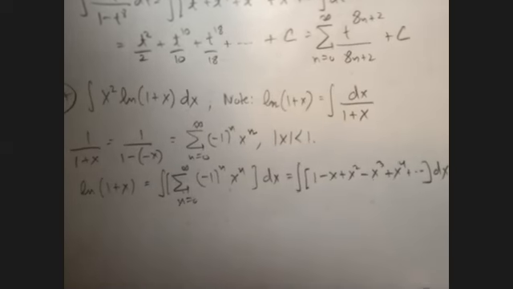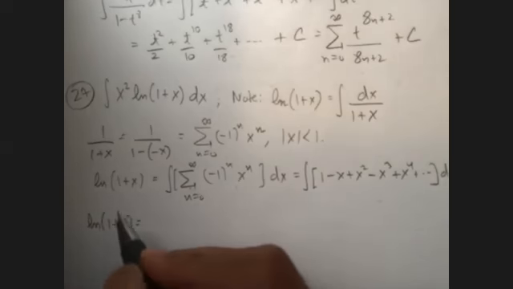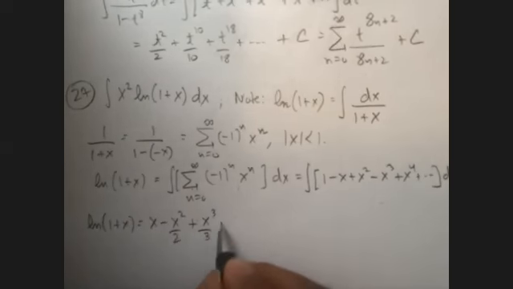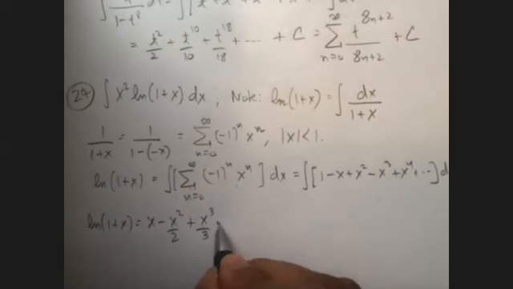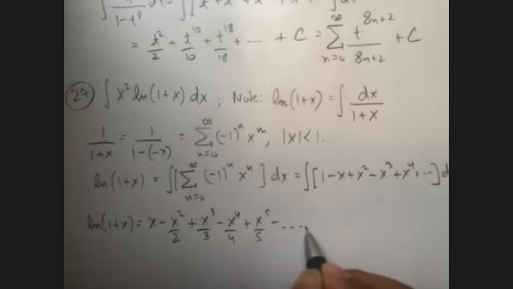If we do the integration, we get x minus x squared over 2 plus x cube over 3 minus x to the 4 over 4 plus x to the 5 over 5 minus so on, plus some integration constant.